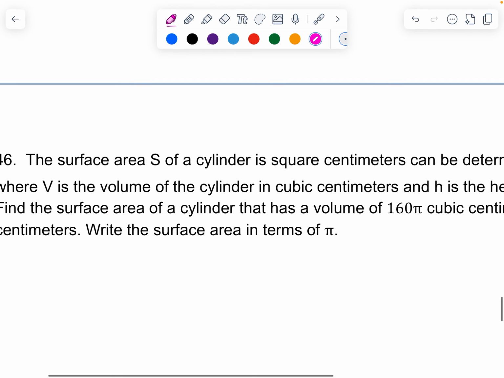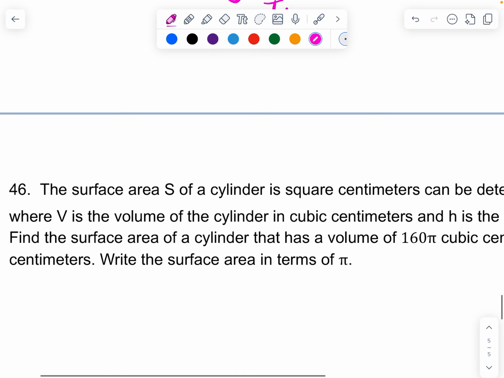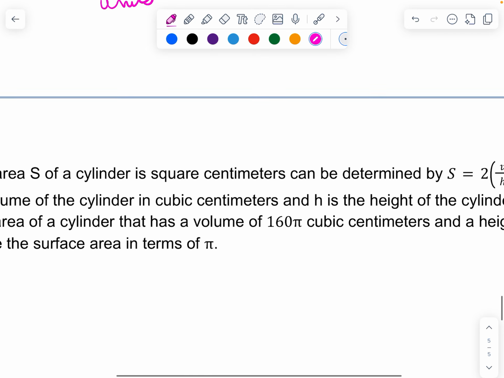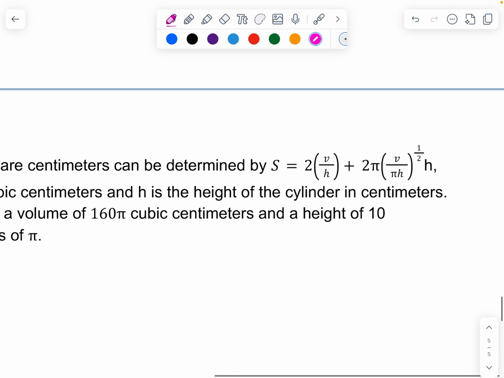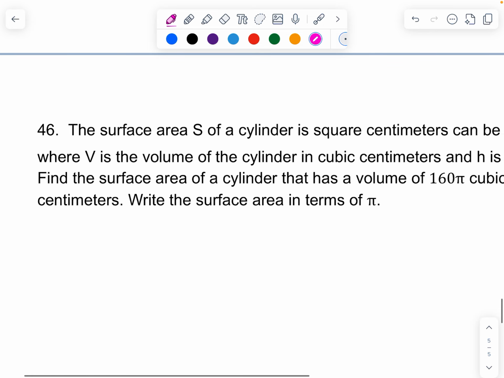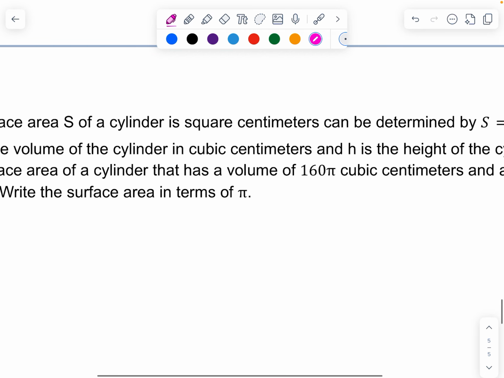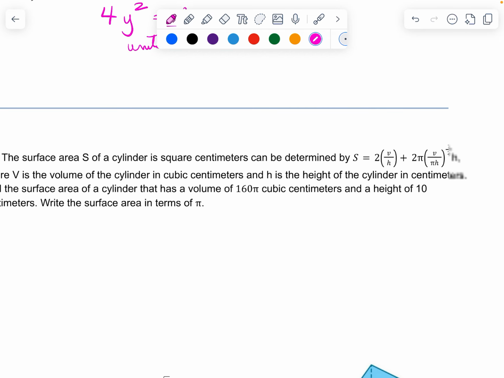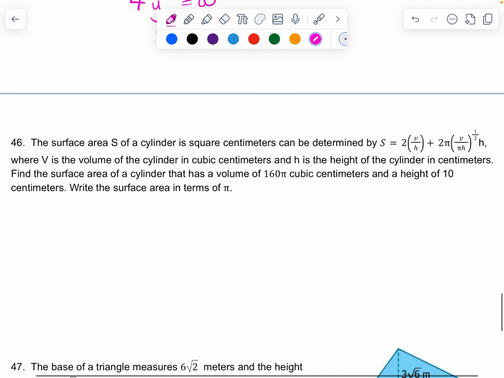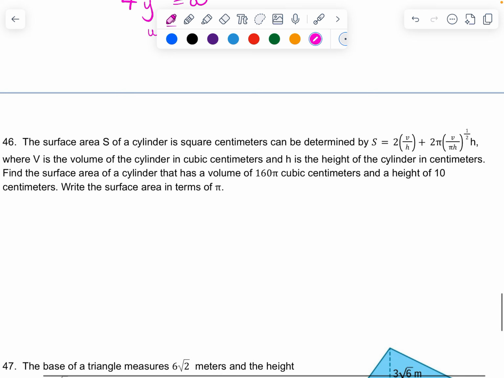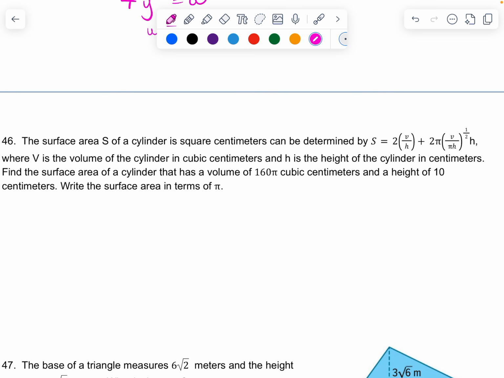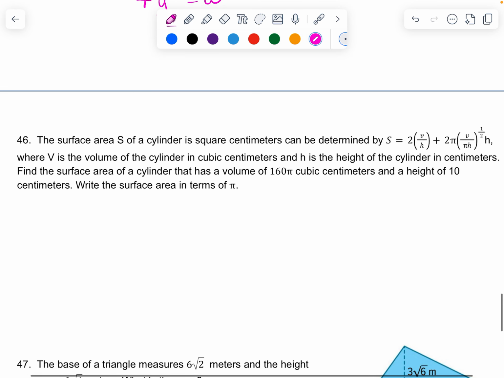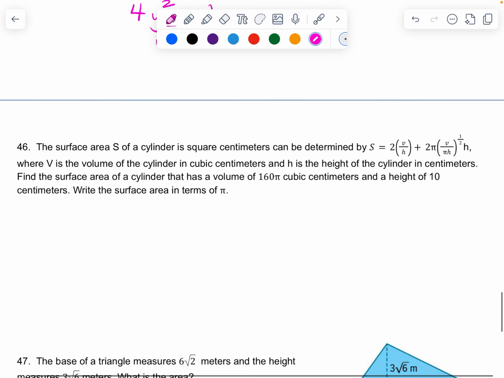Okay, so the next one, it says the surface area S of a cylinder in square centimeters can be this right here, where V is the volume of the cylinder in cubic centimeters, H is the height of the cylinder in centimeters. Find the surface area of the cylinder that has a volume of this and a height of that. Okay, so I'm replacing all the V's and the H's.